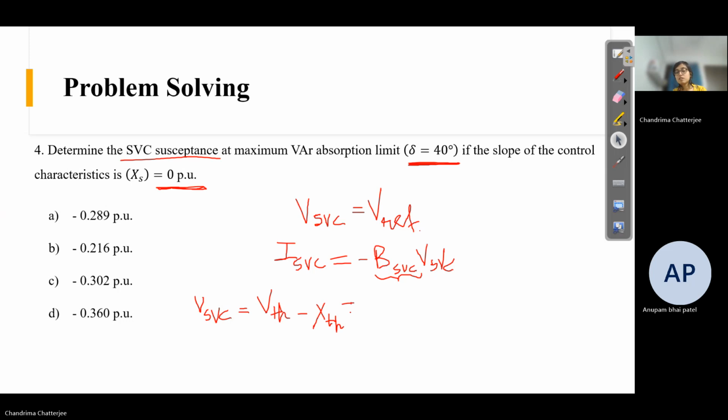Okay. And here we are getting another relation, which is VSVC is equal to, from the control characteristic, Vref plus XS ISVC. We just saw this, right, from the control characteristic.